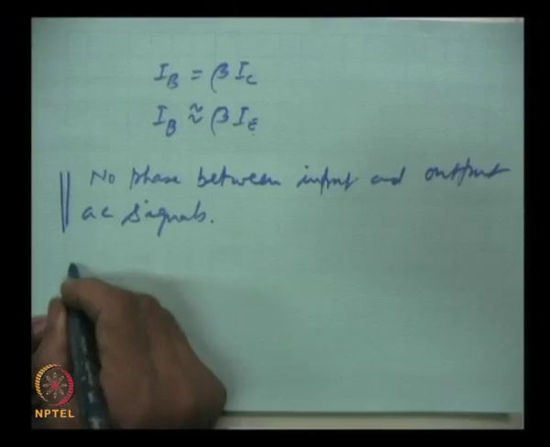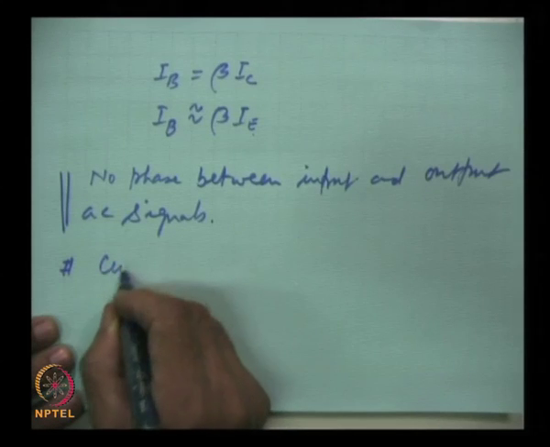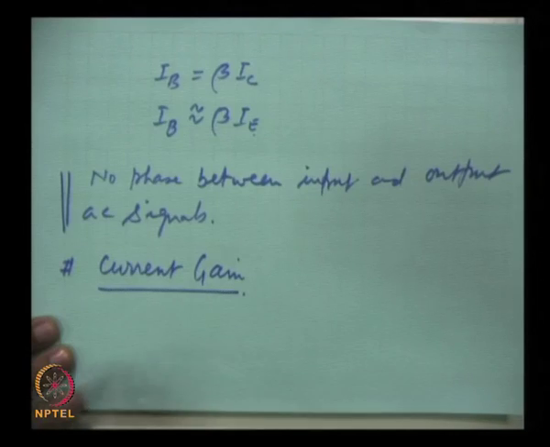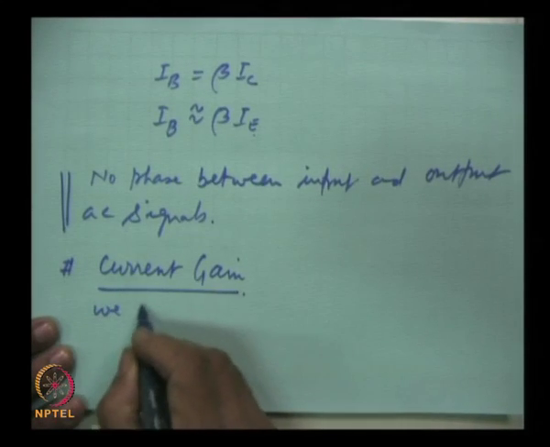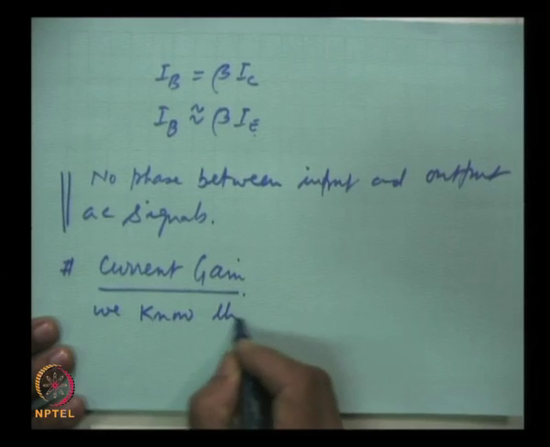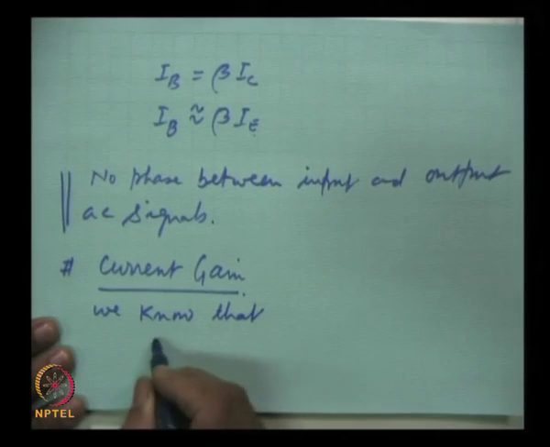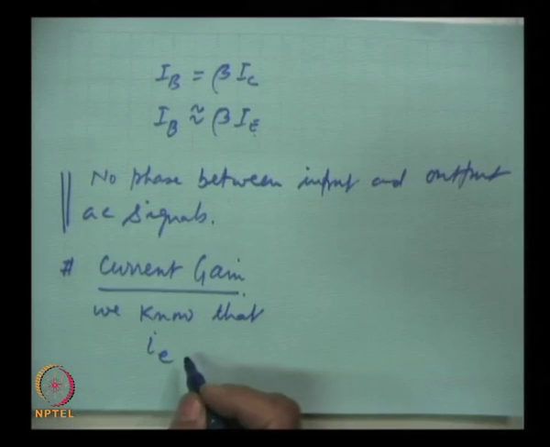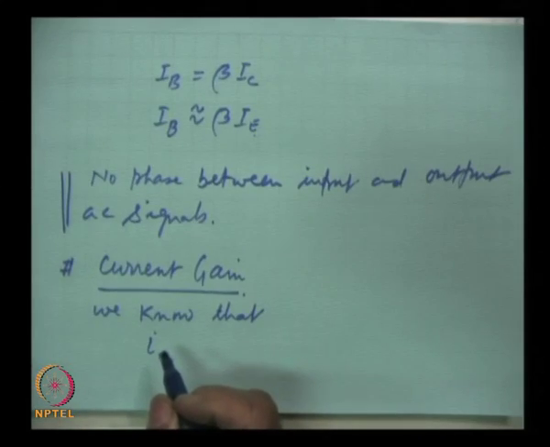Now, let us talk other parameters of the emitter follower. Then this is current gain. We know that I e, emitter current, you remember from where we started the physics of the transistor, that I e splits into two, I b and I c.